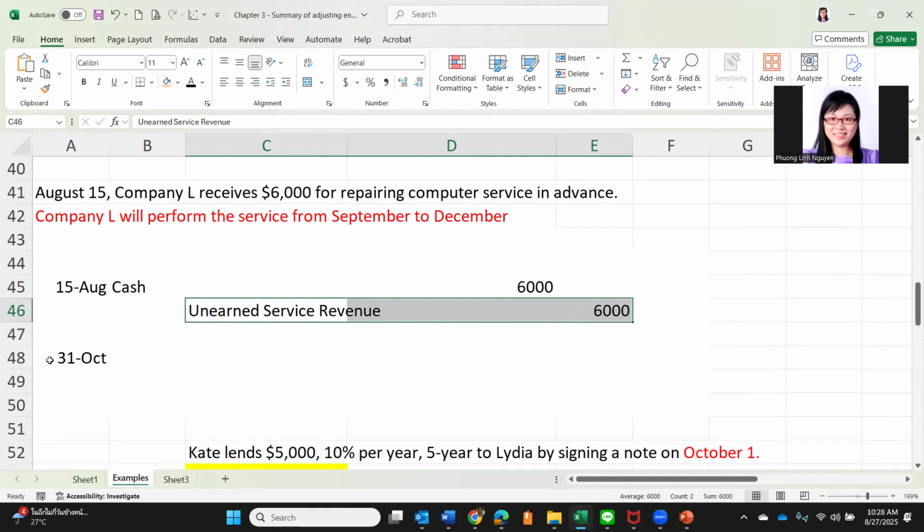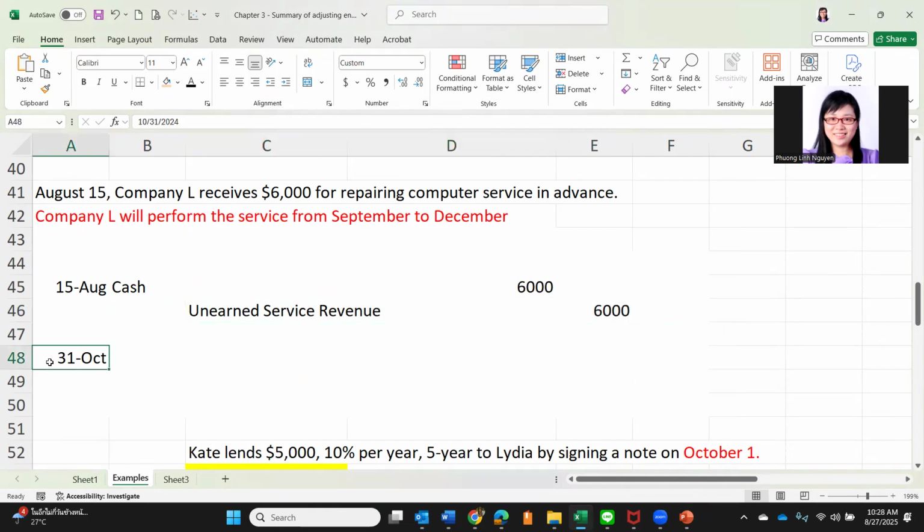Now, let's say we are at the end of October. So how many months have we already performed the service? It will be September, right? The 6,000 is for the service from September to December. So September, October, November, December, for 4 months.